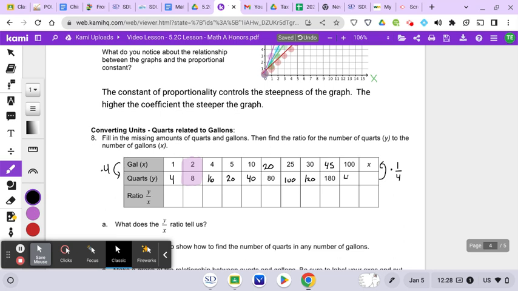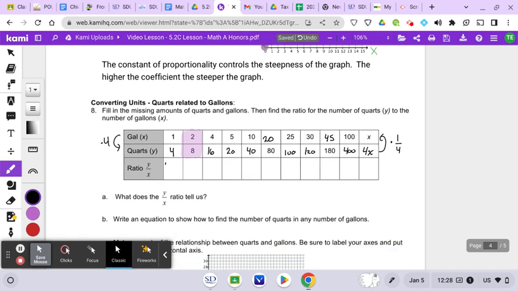This would be 400. I know every time I'm multiplying by 4, so this is 4x. And I do my ratios. 4 over 1 is equal to 4. 8 over 2 is equal to 4. I'm going to see that all my ratios, because it's proportional, reduce down to 4.